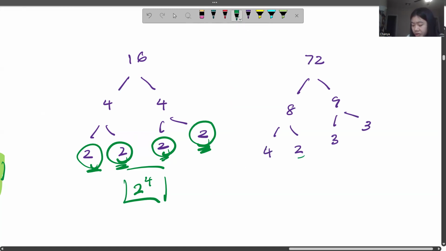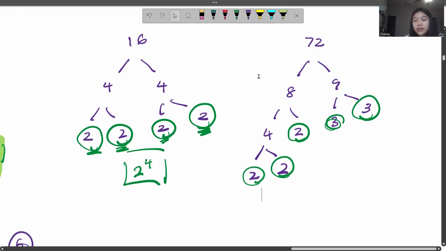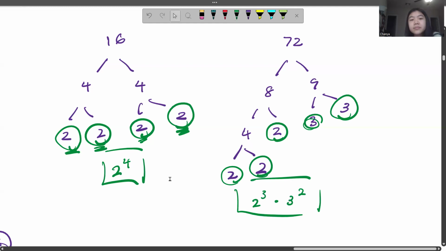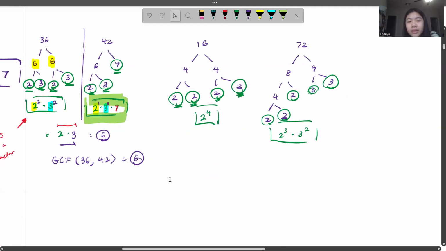Well, I notice that 2 is prime, 3 is prime, and 3 is also prime. But this 4 right here can be broken down further into 2 times 2. Both of these are prime numbers. So therefore, since I have 3 2's and 2 3's, I can write this as 2 to the power of 3 times 3 to the power of 2. Okay, that was just quick prime factorization.